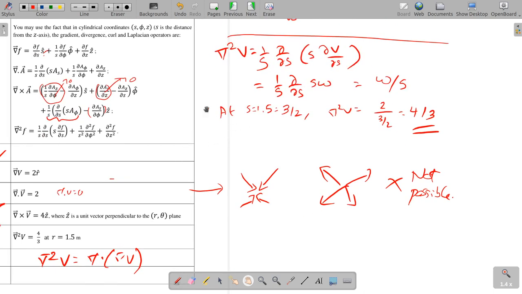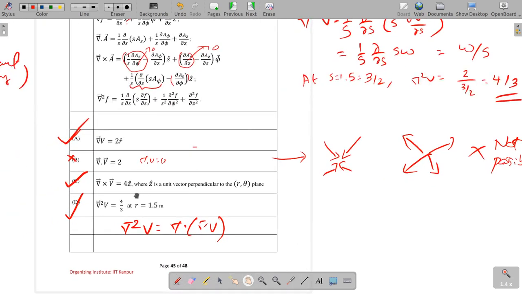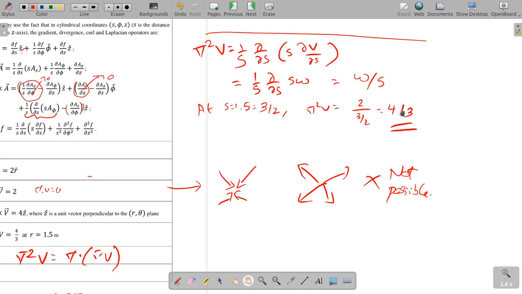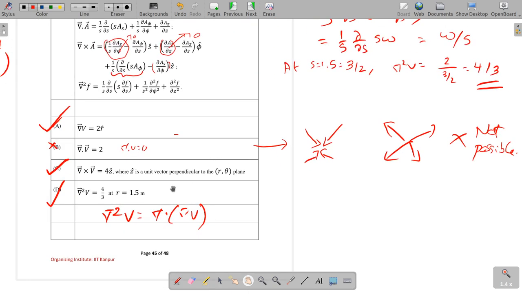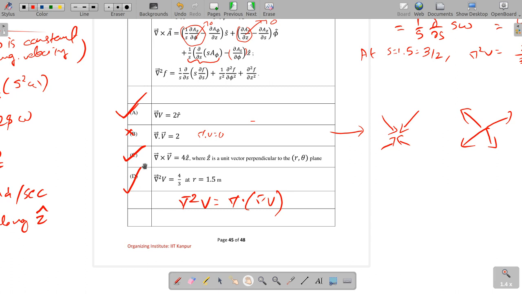It is given that omega is 2 radians per second, and it is given at r equal to 1.5. So you take 2 divided by 3 by 2, which is 4 by 3. Del square is 4 by 3 at r equal to 1.5, and this is also a right choice.